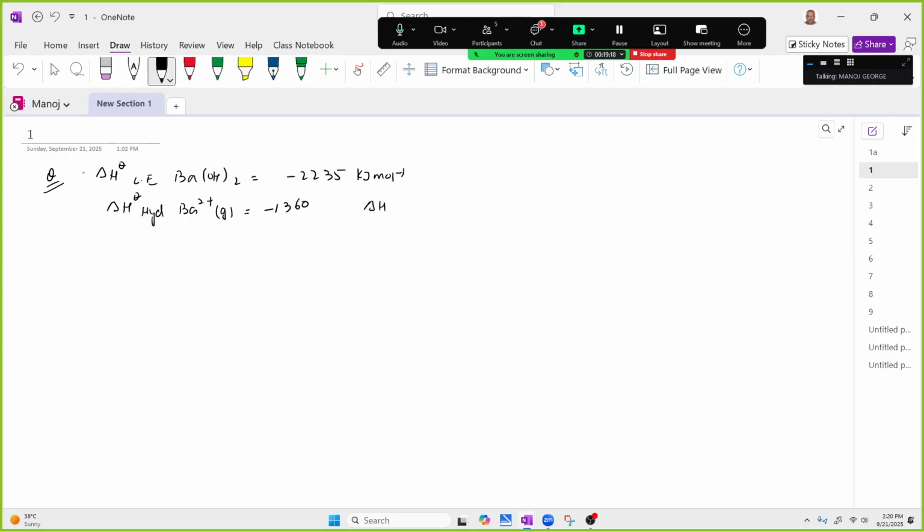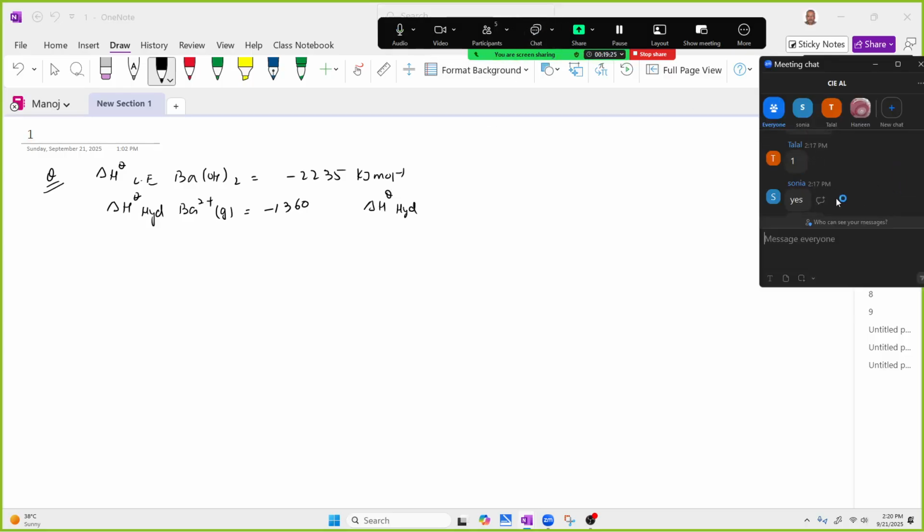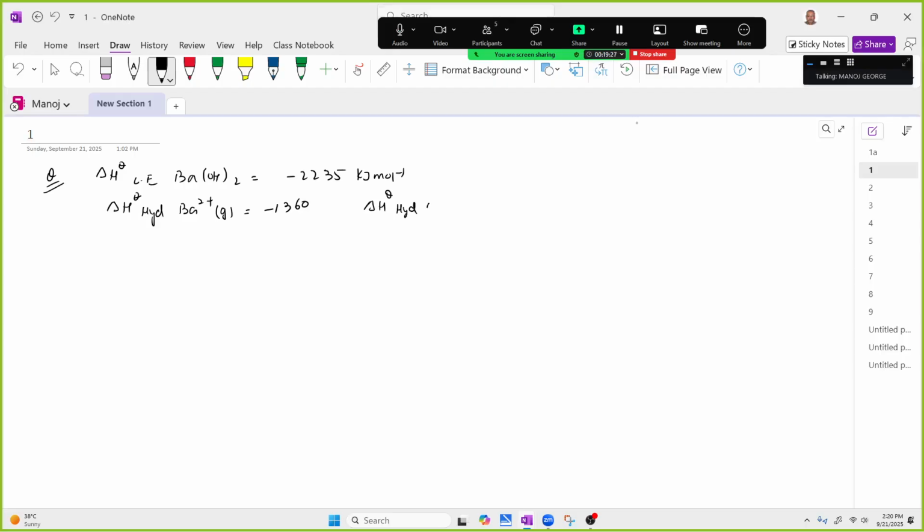And let's say delta H hydration for OH minus gas ion is also given as minus 460. And the question says calculate delta H solution of barium hydroxide.